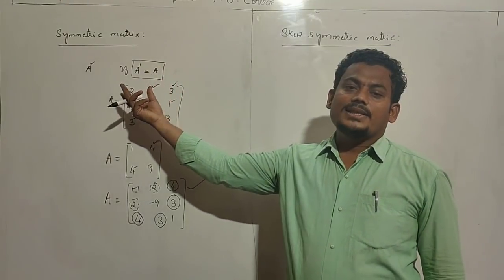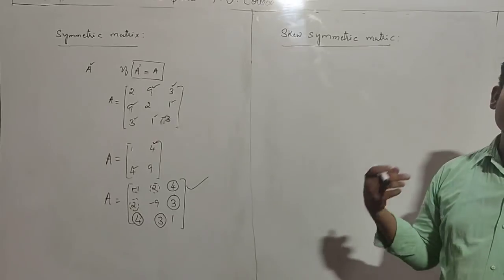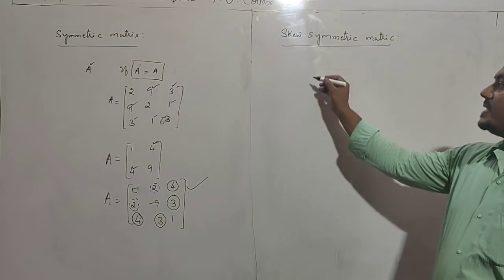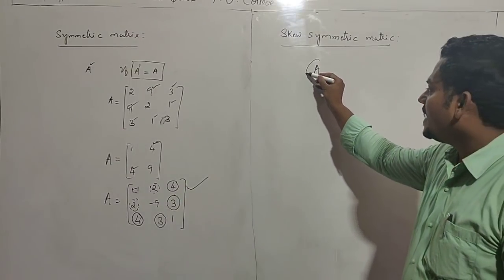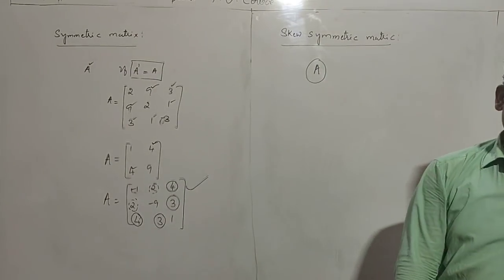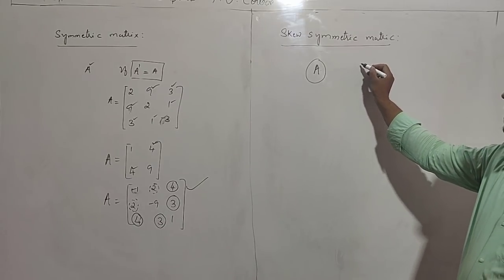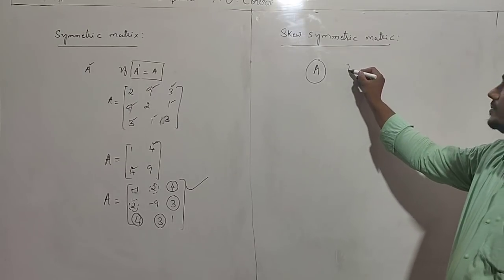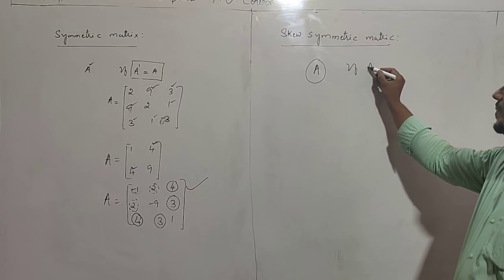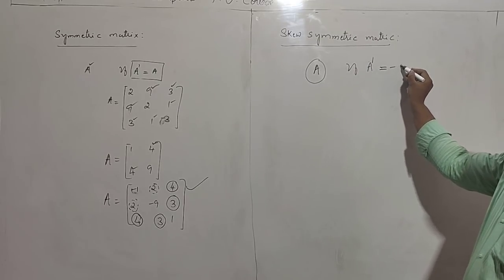The definition of symmetric is A transpose equal to A. For a skew symmetric matrix, first of all, A should be a square matrix. A square matrix capital A is said to be skew symmetric if, what is the condition? A transpose equal to minus A.